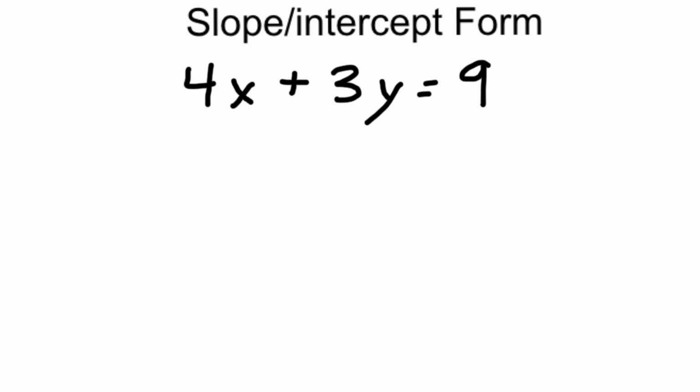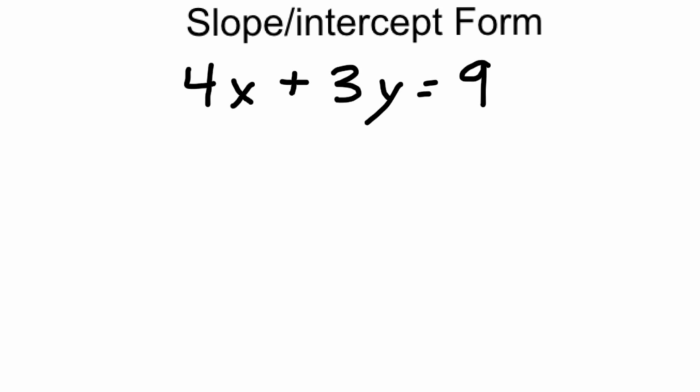One more thing. There's dealing with slope-intercept form: how to put an equation into slope-intercept form. This is the standard equation form for a line. Standard equation form is ax plus by equals c.